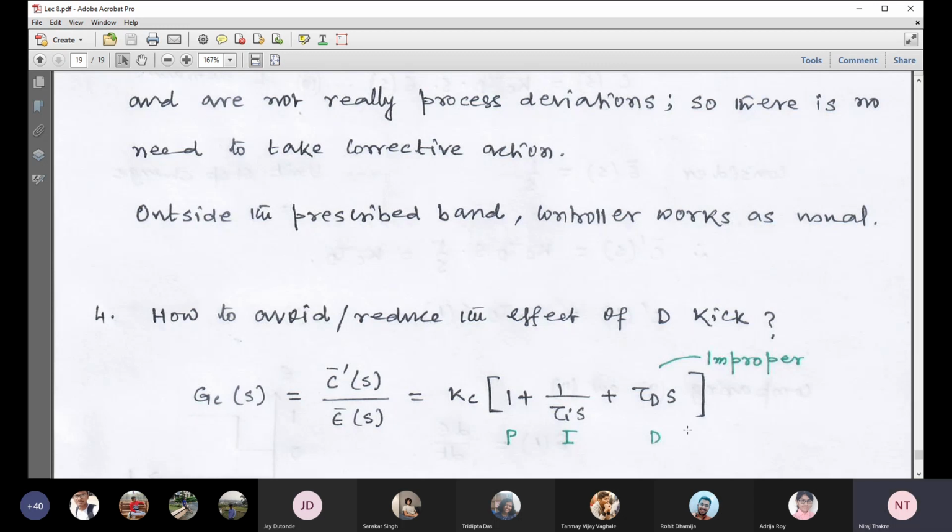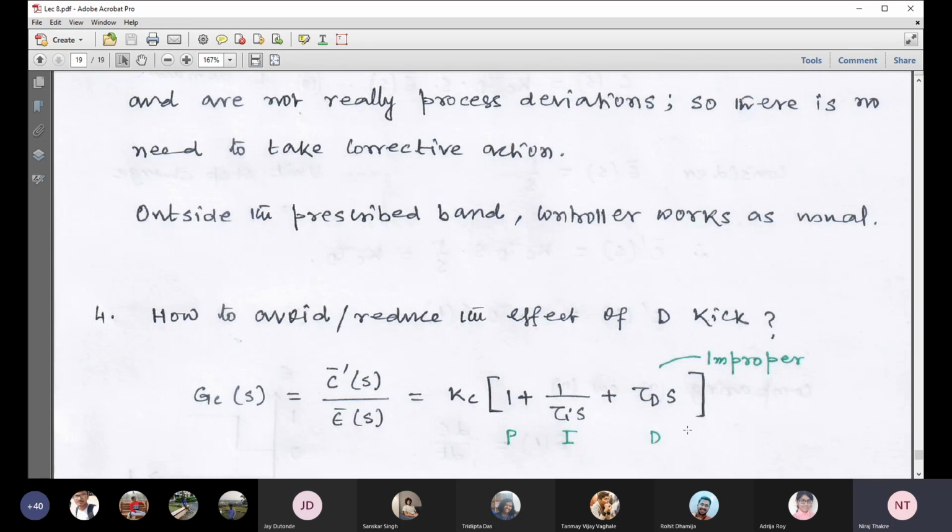Now, if you remember, I told that the transfer function is basically the ratio of two polynomials. One is in the numerator and the second one is in the denominator. And the order of the denominator must be higher than the order of, or at least equal to the order of the numerator. Otherwise, the system is improper.